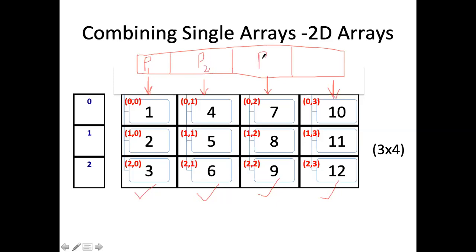P3 is the pointer that points to the third array, and P4 is the pointer that is pointing to the fourth array. ठीक है, and these P1 to P4 they are all pointers. ठीक है, so therefore in order to access this two-dimensional array you have to have a single dimensional array of pointers. So let's say अगर आपके पास 2D array है, so 2 minus 1 is the size of the array or is the dimension of the array of pointers.